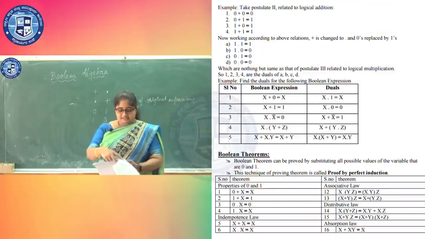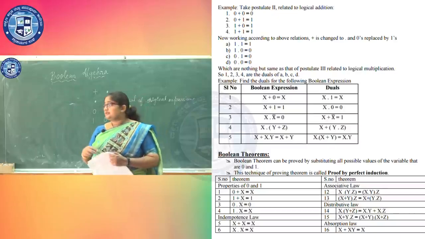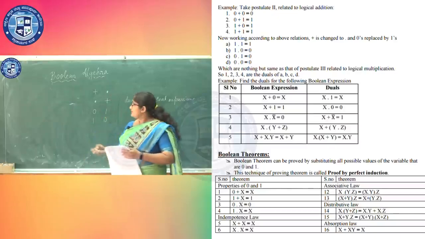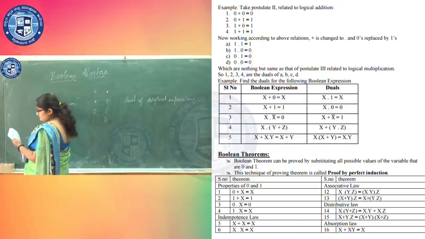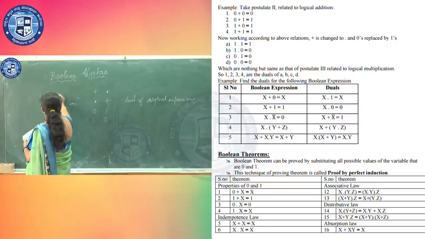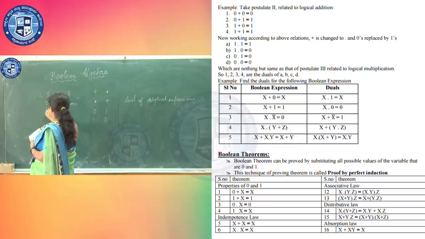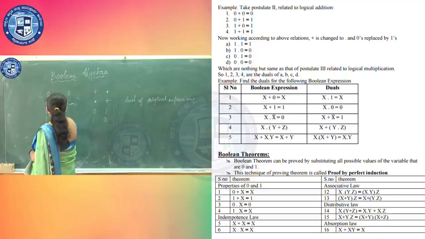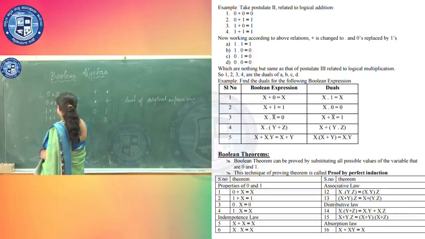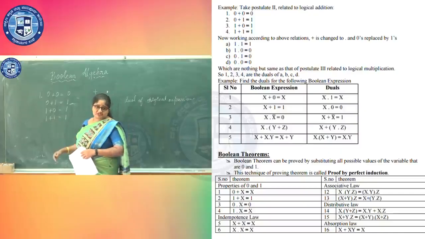So, next we shall take an example. Take postulate 2, the second postulate, that is the or relation postulates. First, 0 plus 0 is equal to 0, 0 plus 1 is 1, 1 plus 0 is 1, 1 plus 1 is also 1. Now I am interchanging these expressions.